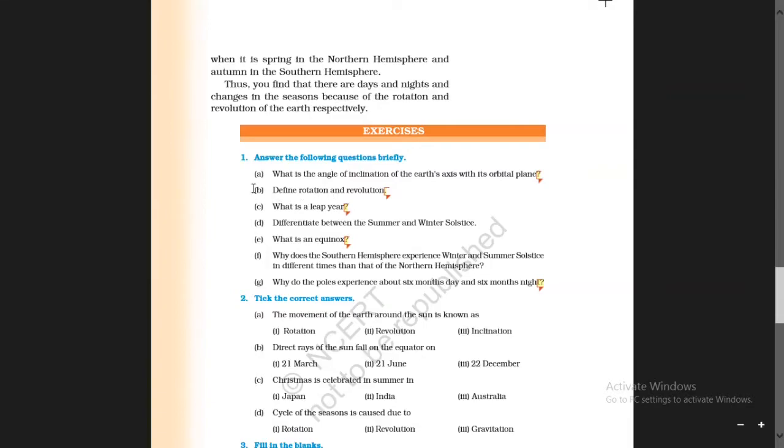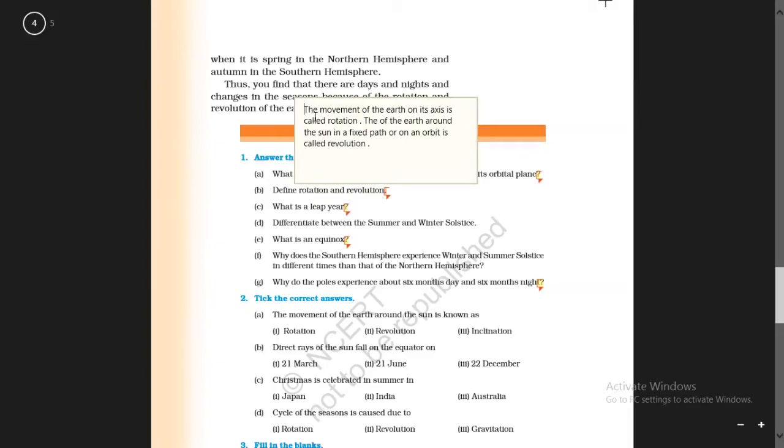Now let us see the next question. Define rotation and revolution. First, rotation. The movement of the earth on its axis is called rotation. Here you must know the earth takes 24 hours for a complete rotation.